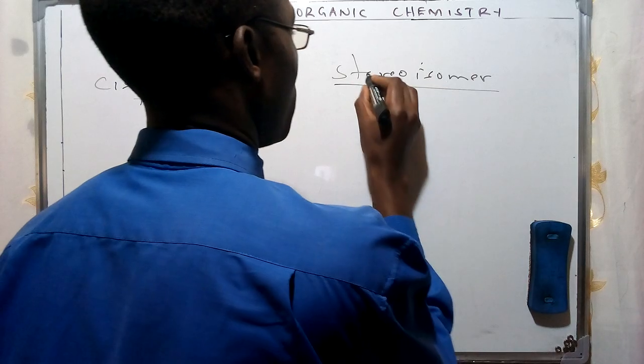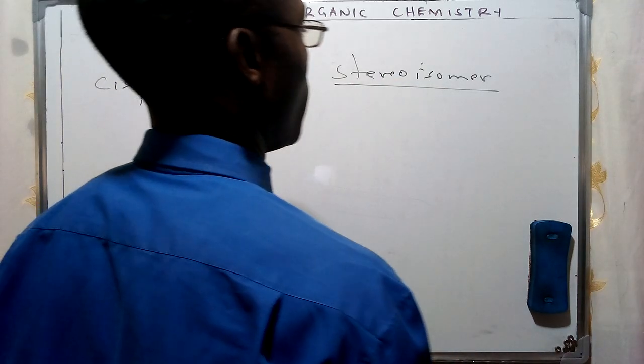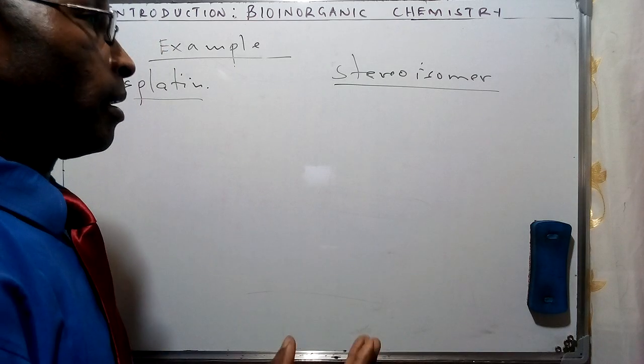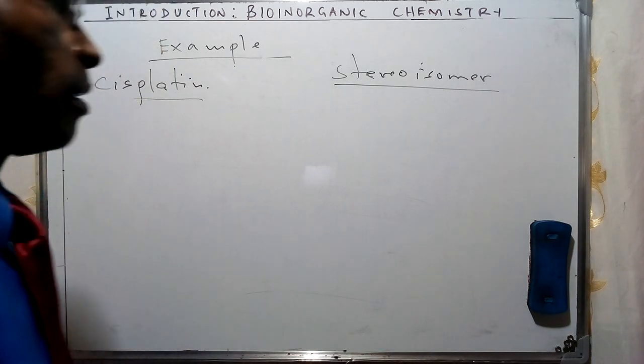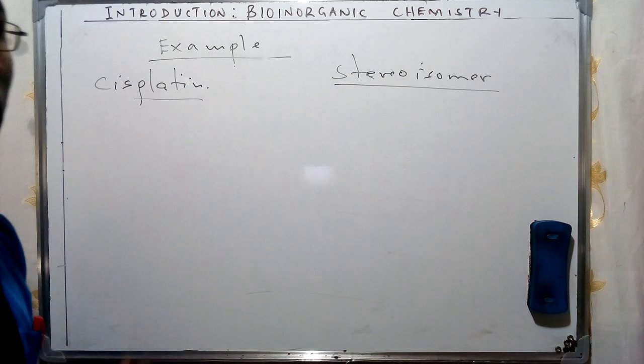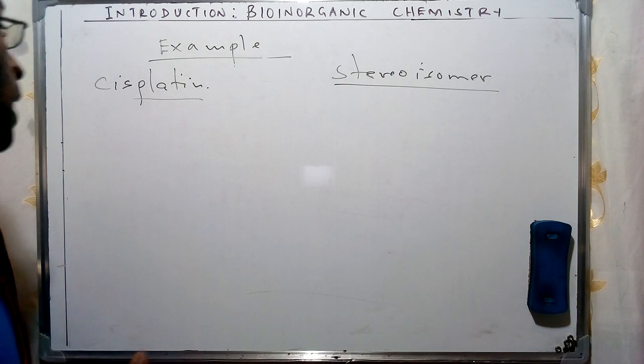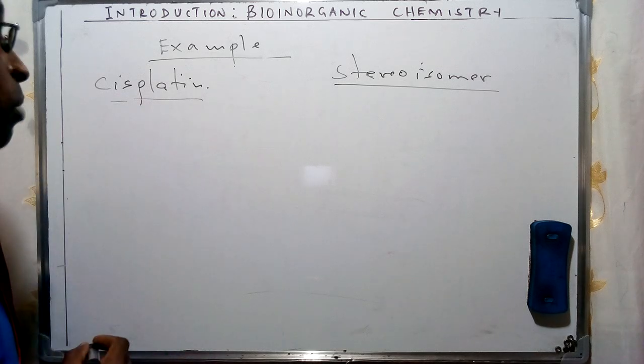In our conformational studies introduction, I mentioned the concept of a stereoisomer, which is a compound that consists of the same kind of molecules, but the spatial arrangement is different for the specific kind of atoms under reference.